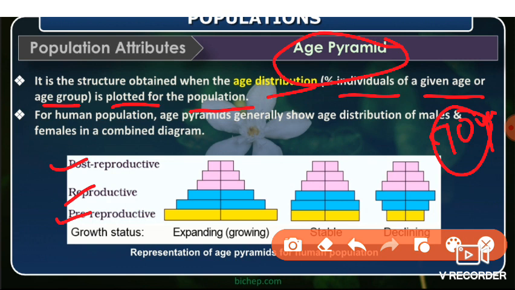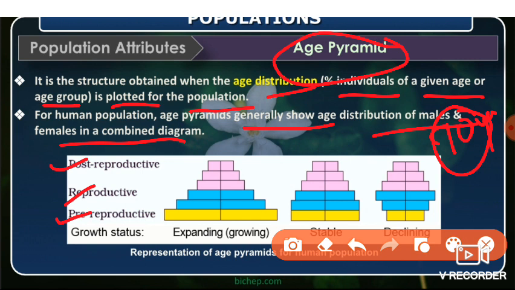For the human population, age pyramids generally show the age distribution of males and females in a combined diagram. We can take both male and female, and get a pyramid of age distribution for both, commonly in a combined way.